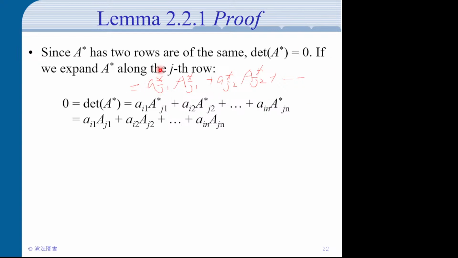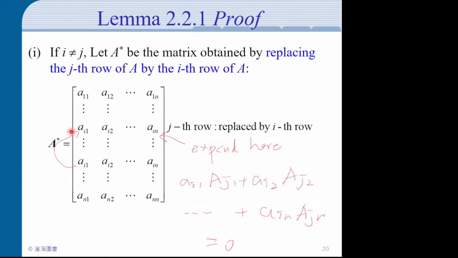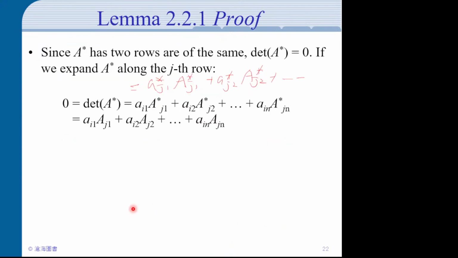The small a star j1 is the j1 element of A star, so it should be this element times the cofactor of this element, and this element times the cofactor of this element, etc. So it should be a star j1 times big A star j1 plus small a star j2 times big A star j2, all the way to small a star jn times big A star jn.